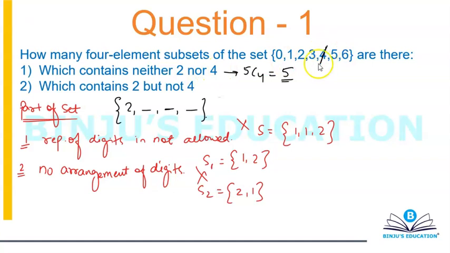So 4 goes out, 2 is already here, which means you're left with 1, 2, 3, 4 and 5 options. And you need to fill in how many places? 3 places. This is as good as 5C3. So we will have a total of 10 subsets possible.